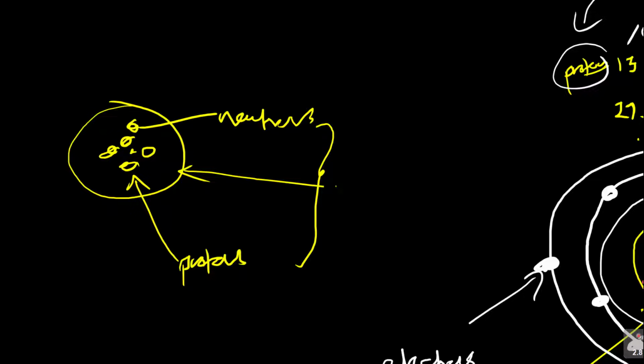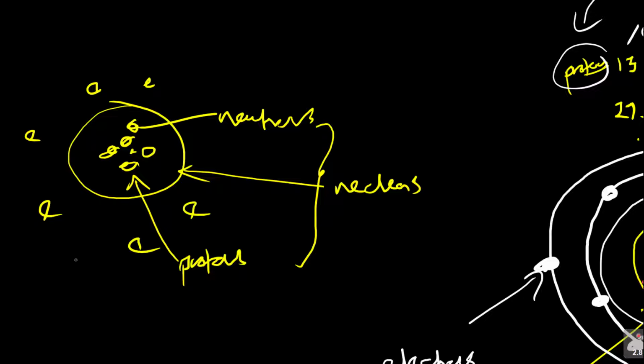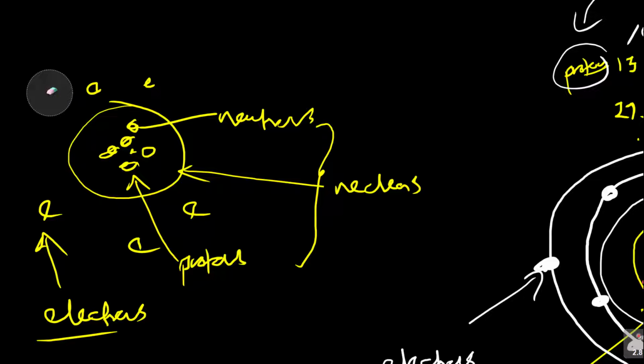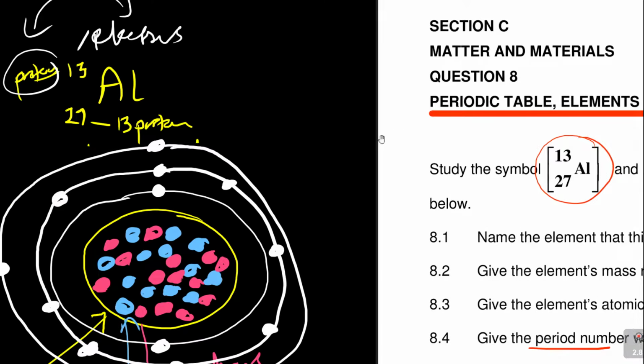Then after that you just do this, and then you say here these are electrons, or you put negatives here, you just put the negatives. Like that, they will still mark it correct. Just fine, you don't have to be sensitive about it.